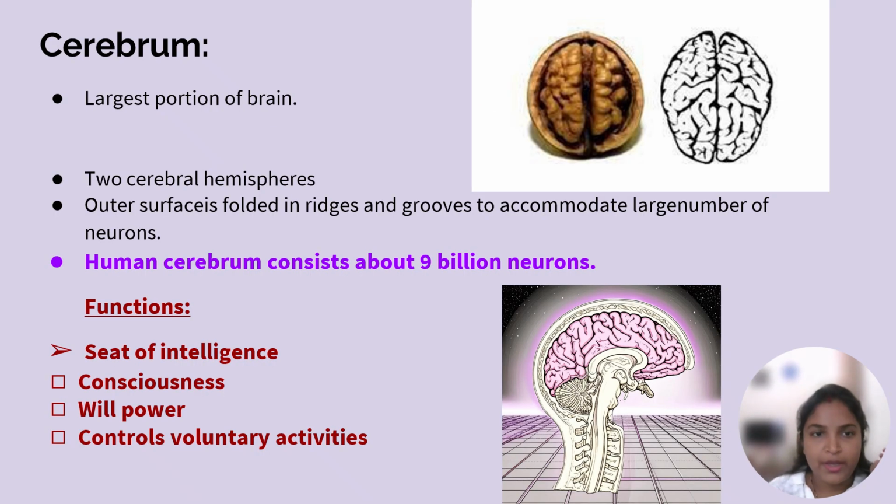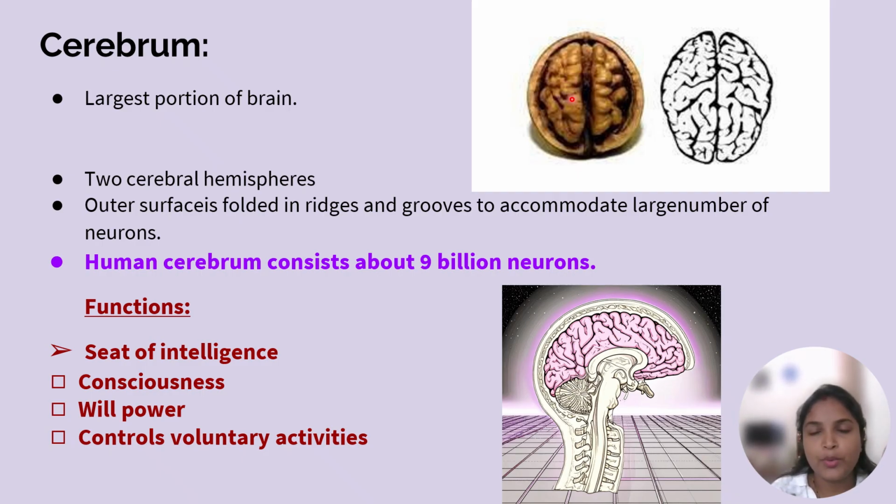Now let's move ahead. I told you in the last session to bring a walnut or keep a picture of a walnut with you, so that we can compare it with our brain. The cerebrum is divided into two hemispheres, just like a walnut, which in its shell has two halves.